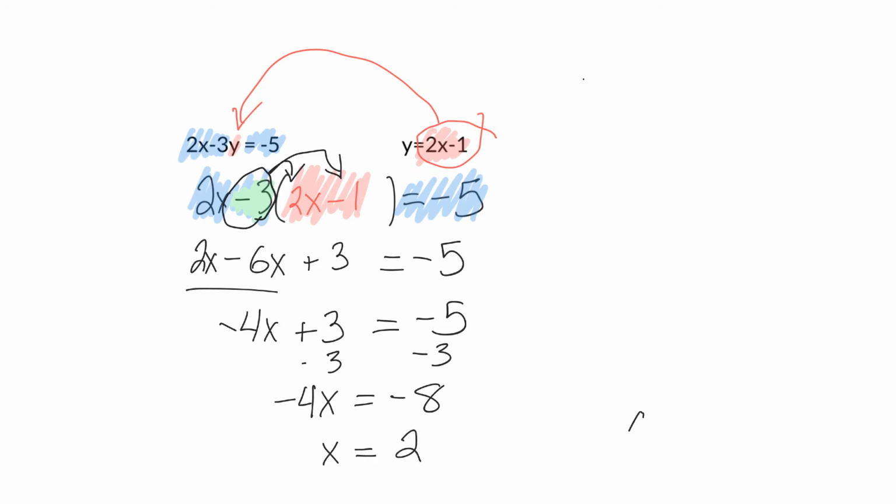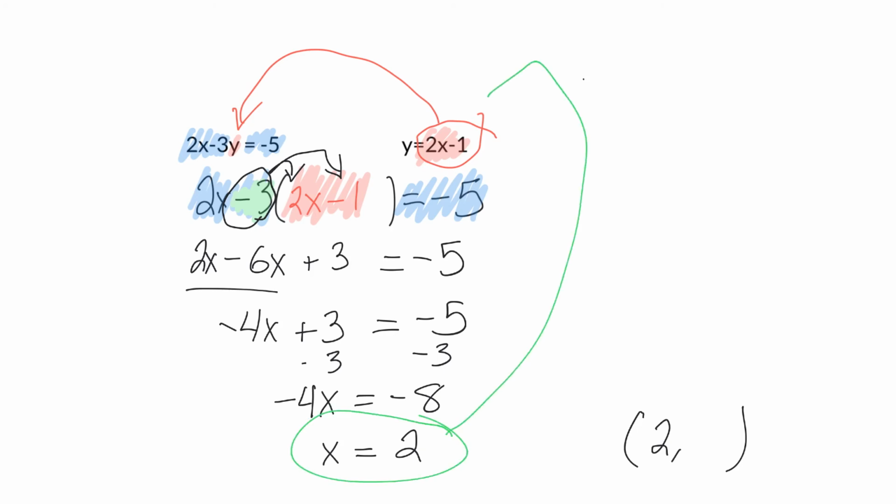Now, that tells me where they intersect has an x-coordinate of 2. Just like before, to figure out what the y-coordinate's going to be, I'm going to take this, plug it into one of my equations. 2 times x minus 1, so it becomes 2 times 2 minus 1, which gives me 3.